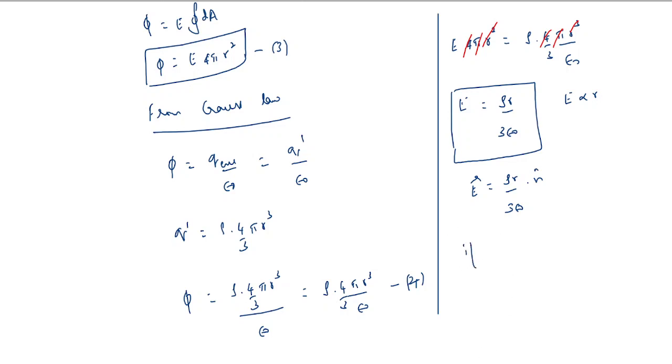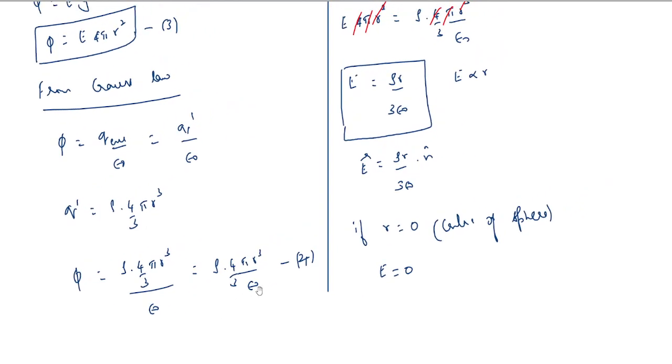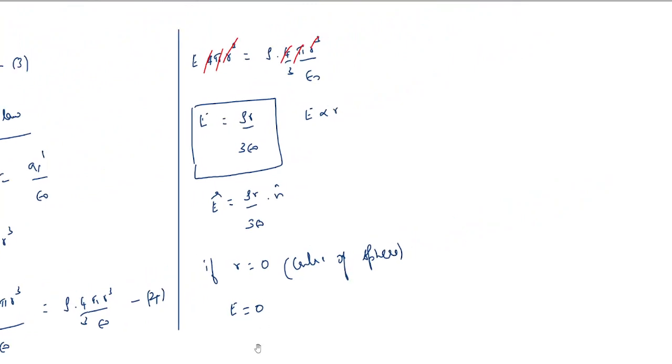Now suppose r is equal to 0. That would mean it is the center of the charged sphere, and in this case E is equal to 0. So we find that the electric field is increasing, and then it becomes a constant and decreases.